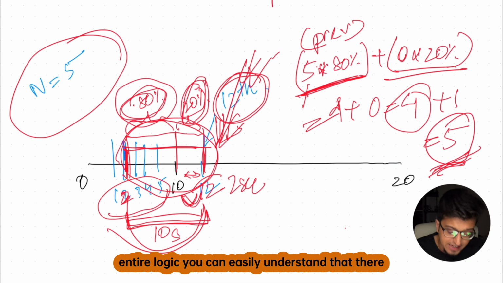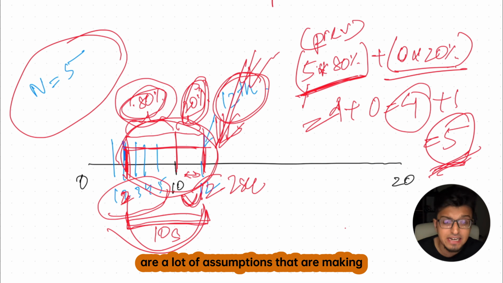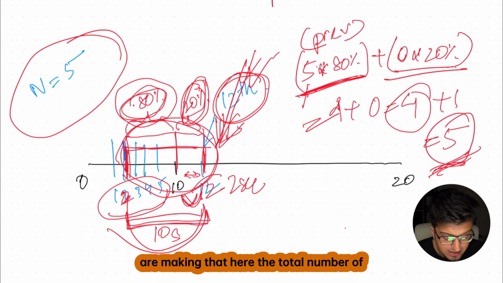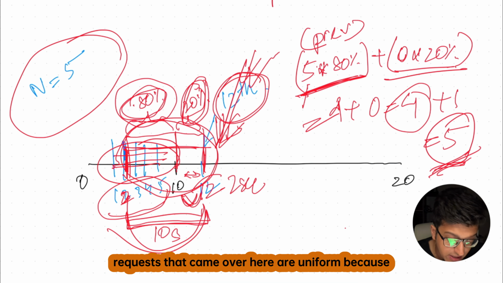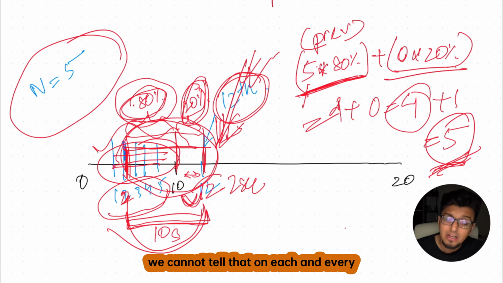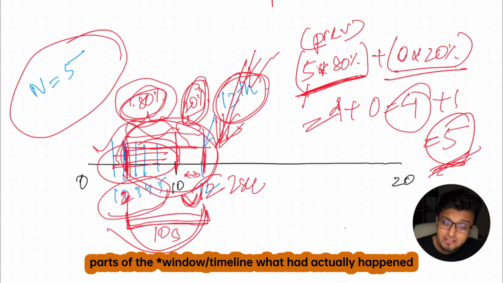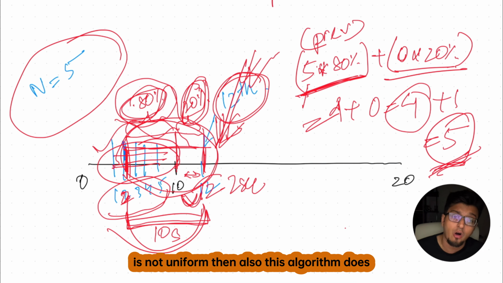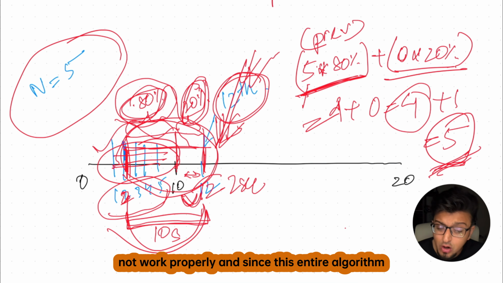In this entire logic, you can easily understand that we are making a lot of assumptions. The first primary assumption is that the total number of requests that came over here are uniform, because until and unless this uniformity is there, we cannot tell what actually happened in each part of the second. And if the load or the traffic is not uniform, then this algorithm does not work properly.